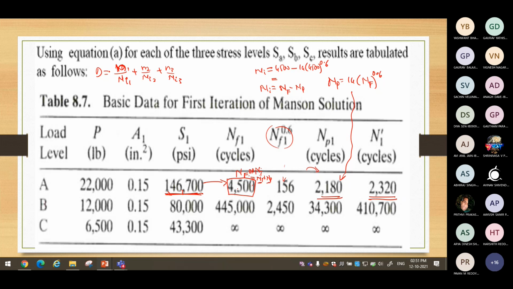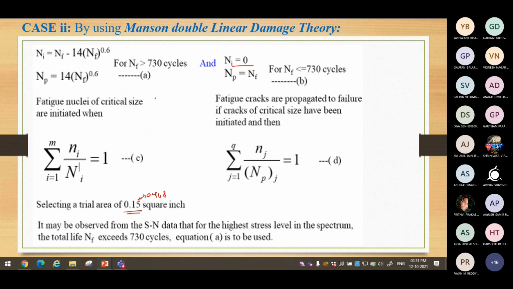Then the same for propagation. Depending on which cycle ratio you are finding, crack initiation or propagation, you have to apply it two times. That is the theory. So here it is not total life.